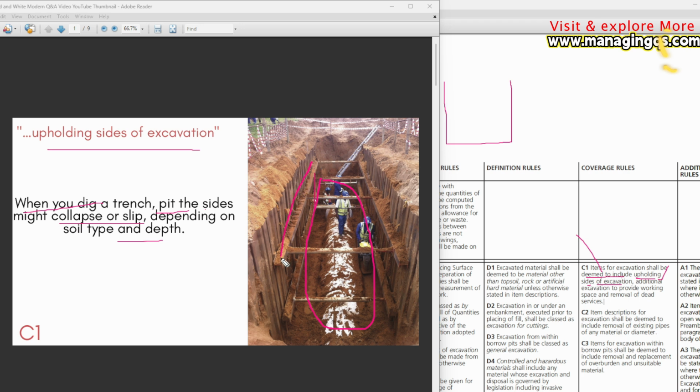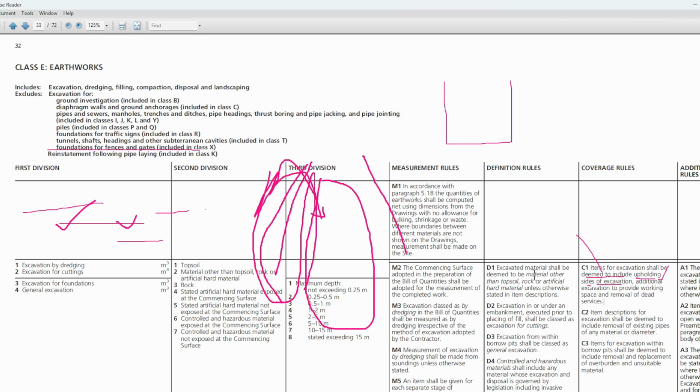On the sides you can see the upholding, which means shoring. Sometimes we use timber shoring, sometimes sheet piling. It helps us to protect against collapse or slips of the side soil particles in the excavated trench. So if you do the shoring process, the BOQ rate for your excavation also includes all the upholding of the sides of excavation. You are not going to claim this item separately.